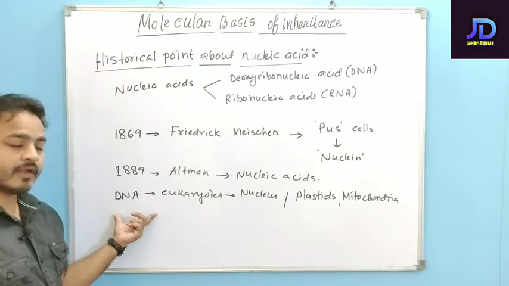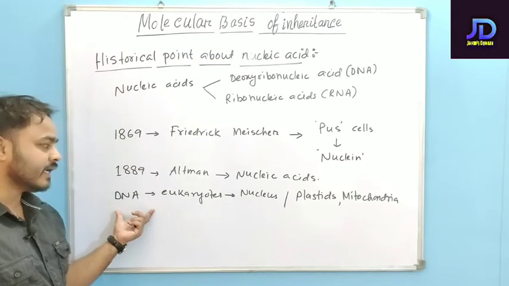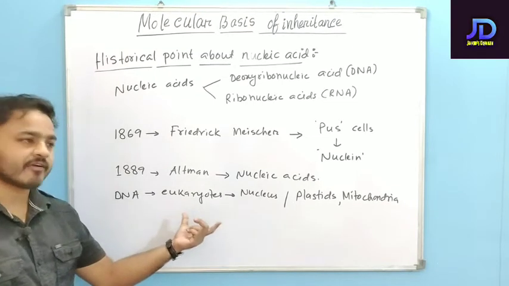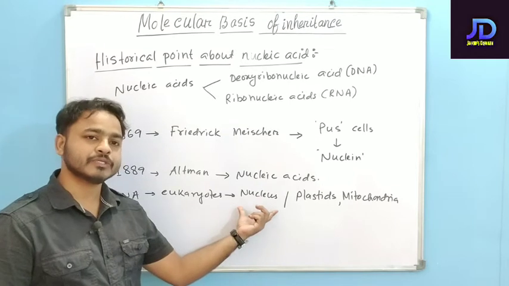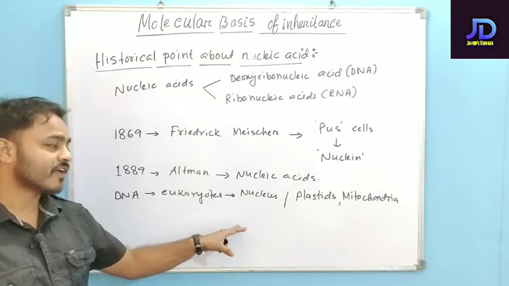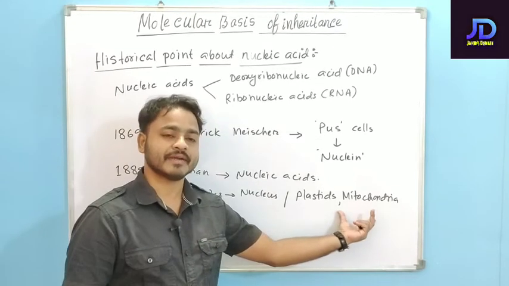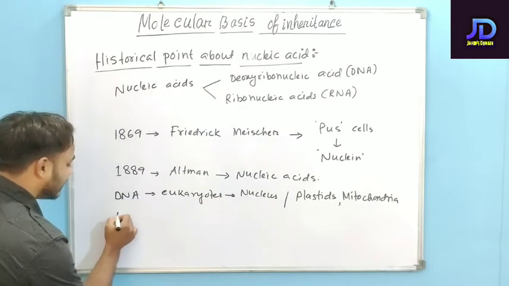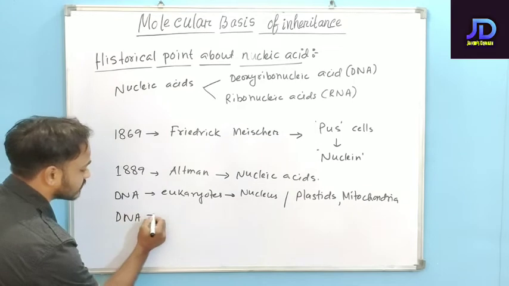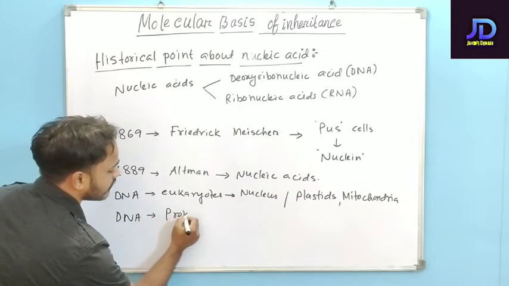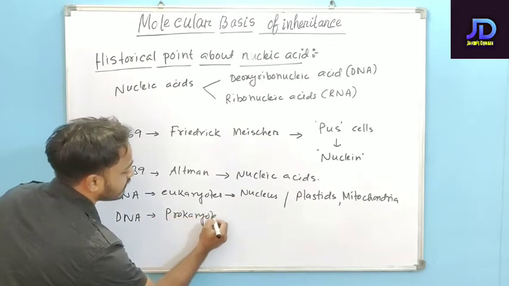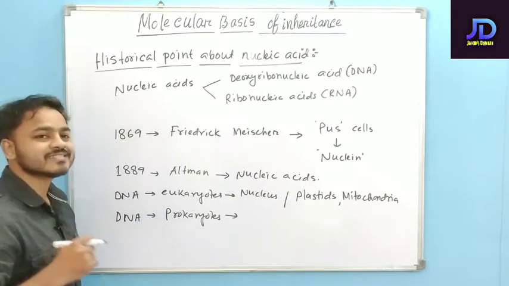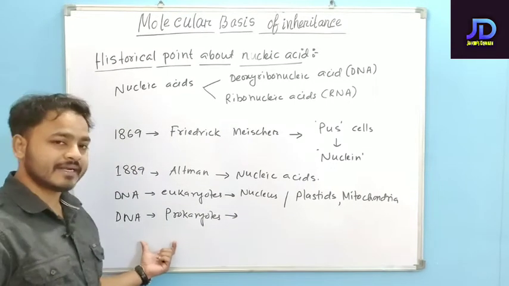See, where is DNA found? DNA in case of eukaryotes is mainly found in the nucleus, but in addition to the nucleus, it can also be found in the plastids and mitochondria. But this is not the case in prokaryotes. DNA in prokaryotes, where is it found?